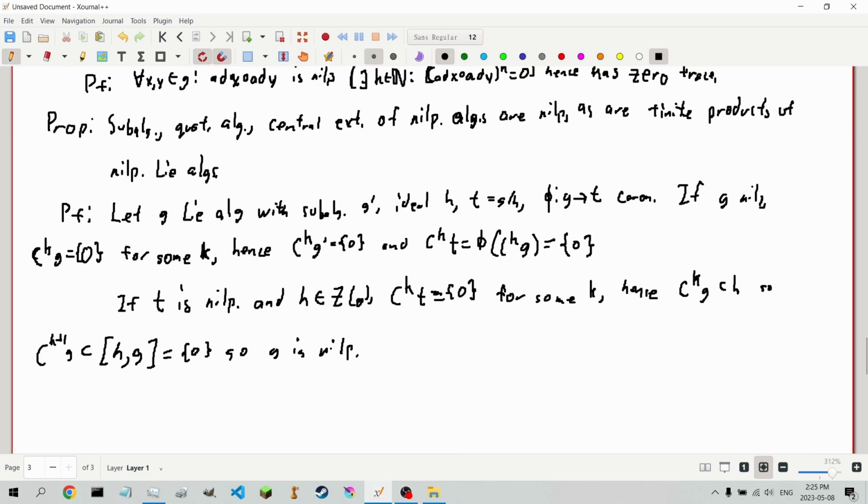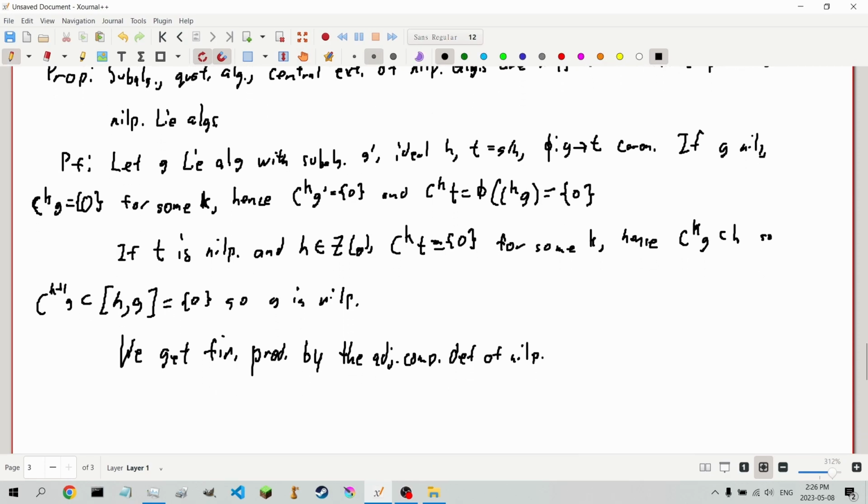And we get finite products by the adjoint composition definition of nilpotency, which we went over in our first proposition. That is the end of our proof.